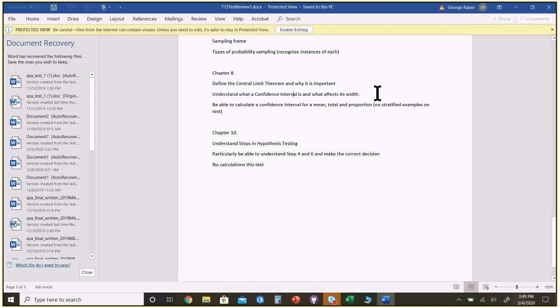So what does affect its width? Well, how does sample size affect the width of the confidence interval? As sample size increases, the width of the confidence interval decreases, everything else remaining equal. How does the standard error affect the confidence interval?